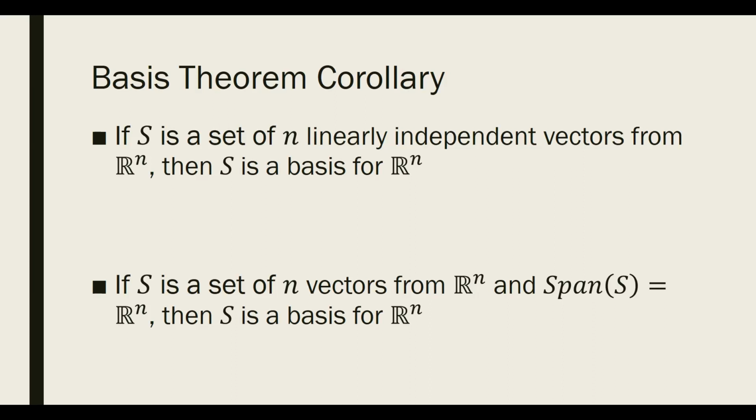And the corollary is that any set of n linearly independent vectors from Rn will be a basis for Rn. So all we need to do is make sure we have n linearly independent vectors. Just like in our previous example, I had 3 linearly independent vectors, and I saw that was a basis for Rn.